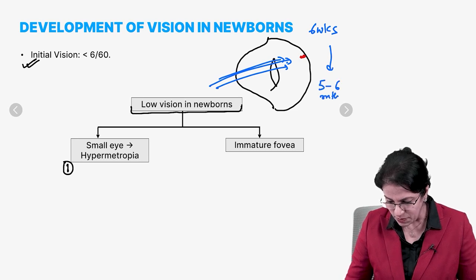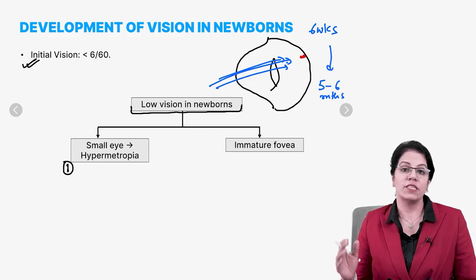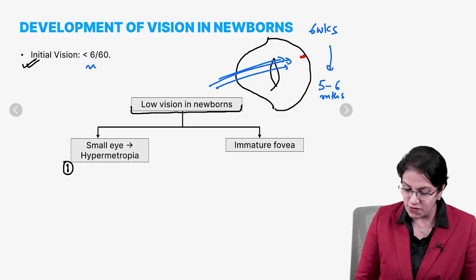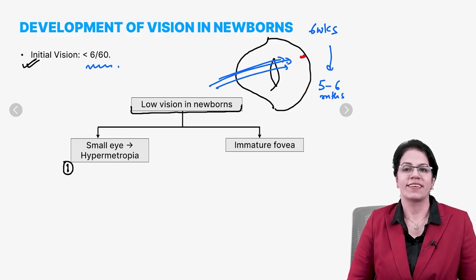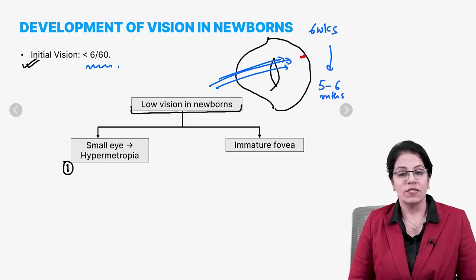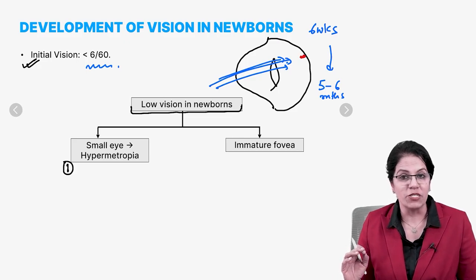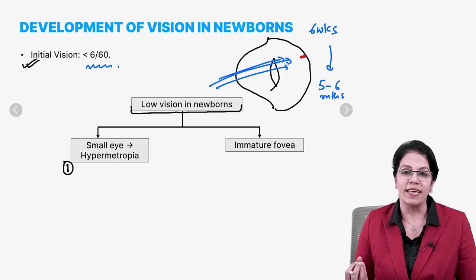You remember we have talked about this? So when the fovea is immature in a newborn, it will start at 6 weeks. That is also a reason why the vision is 6/60 or less than 6/60. So this is the reason why the child has such low vision: the fovea is not mature, and secondly, the child is highly hypermetropic with a very small eye.